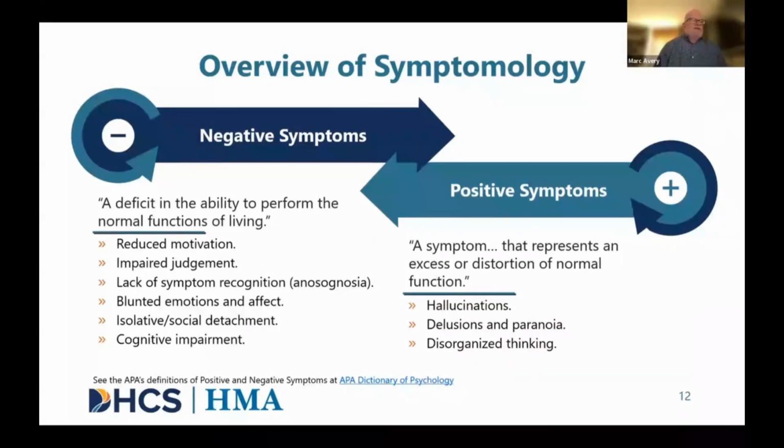So the negative symptoms that you might see or someone might experience are things like reduced motivation, impaired judgment, lack of symptom recognition, known as anosognosia, blunted emotions and affect, social detachment or social isolation, and cognitive impairments. The positive symptoms, on the other hand, are symptoms like hallucinations, delusions, paranoia, and disorganized thinking.